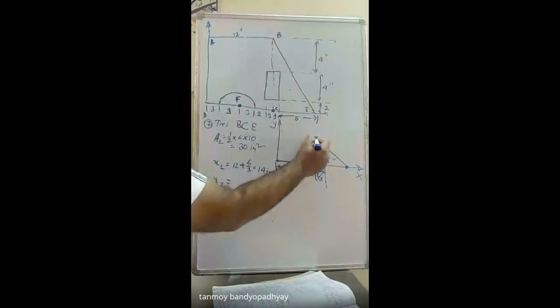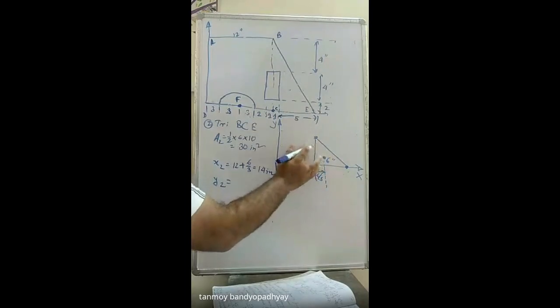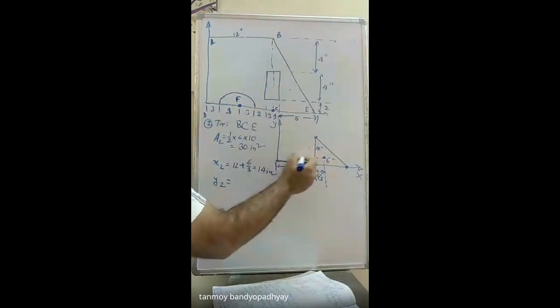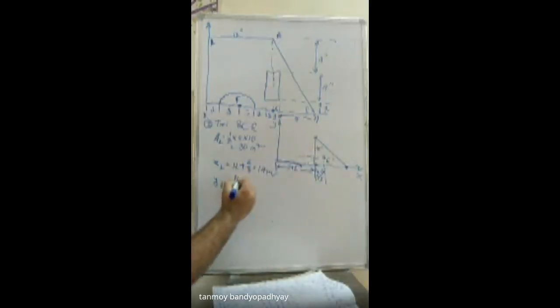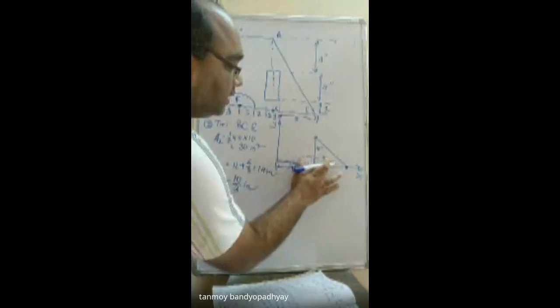Similarly y2, that's equal to what? So y2 is, when you are considering the triangle from this side, let this be the depth of the triangle. If the CG is located right here, from this side if this is 10 inches, this height will be depth by 3, so that should be equal to 10 by 3 inches. So this is the CG of the triangle. I hope you can understand.